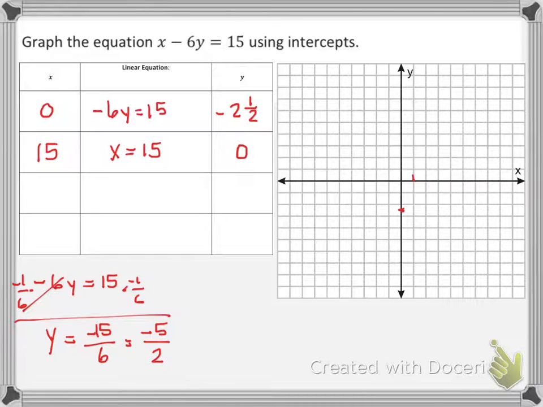So that's 2. This is 4, 6, 8, 10, 12, 14, 16. 15 would be right there. So there's my line. It's going to run through those 2 points. Well, that's a bad line, but you get the idea. Find the x-intercept by making y 0. Find the y-intercept by making x 0. And once we have those 2 points, we can find the line.